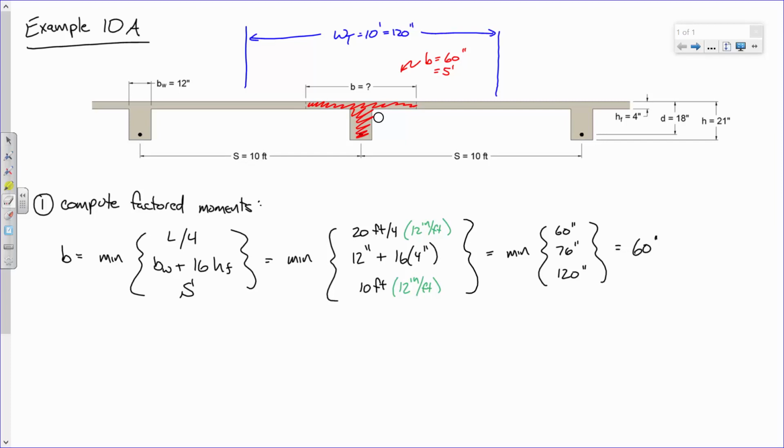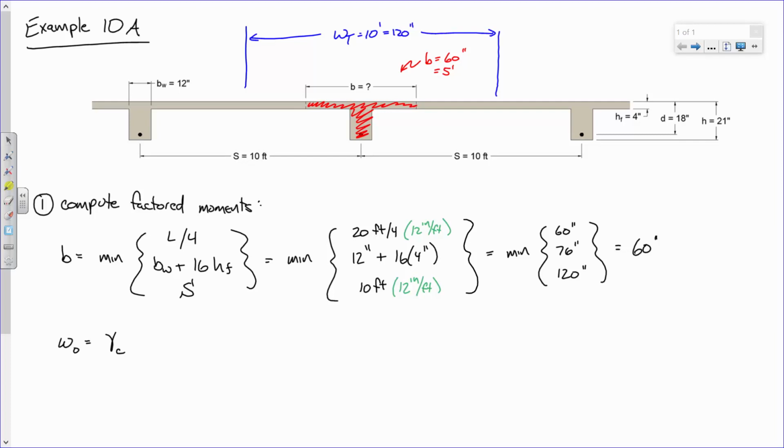However, that T-beam has to hold up not only its own self-weight, but that slab hanging over all the way over here. Does that make sense? That's where you've got to be careful. So how do we compute the self-weight of this beam? Like, how do we do that? Well, how do we compute the self-weight of any beam? We take the unit weight times what?